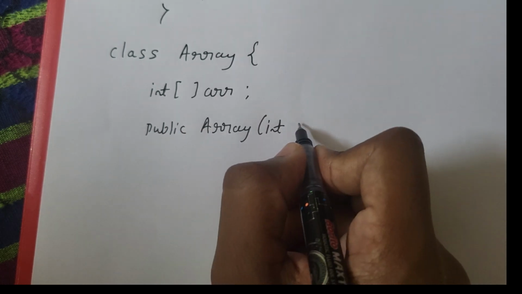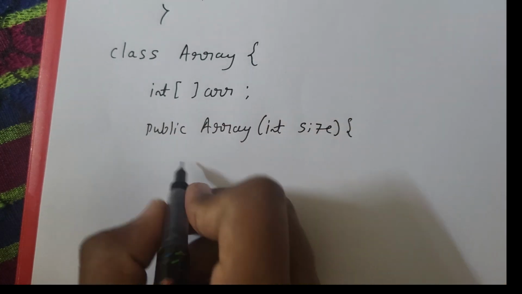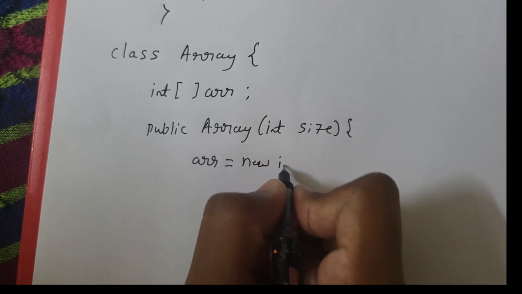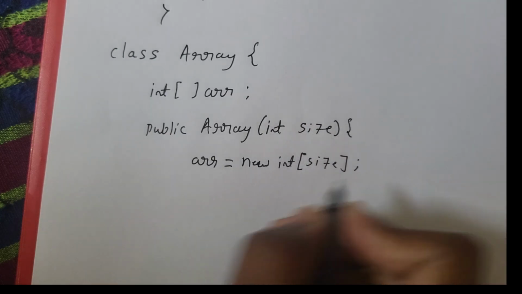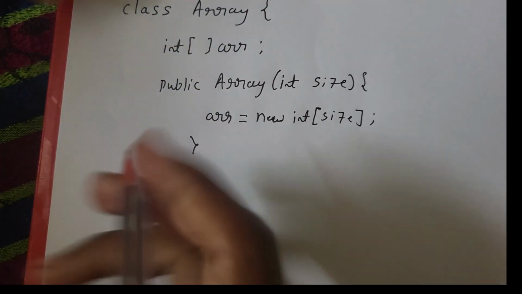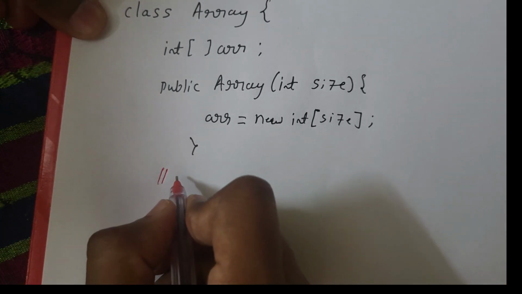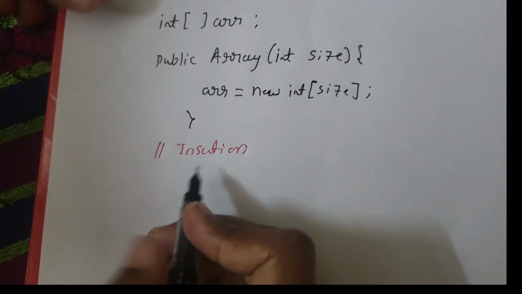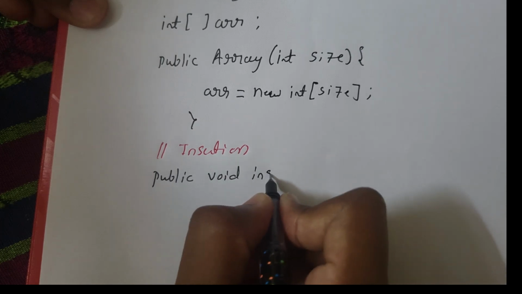How do we initialize the array? Array equal to new int of size, right? Now we simply have to copy the methods we have written. First the insertion logic, right? Simply write public void insert.